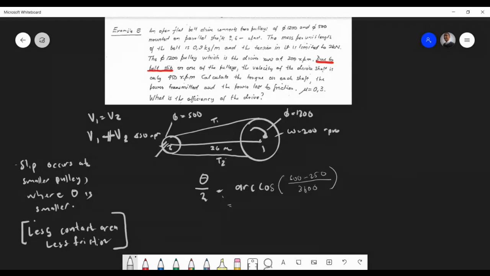If you get that answer, you should get 84.4. Then you have to multiply it by 2, which is 168.8. And of course, we work in radians for this, and we get 2.94.